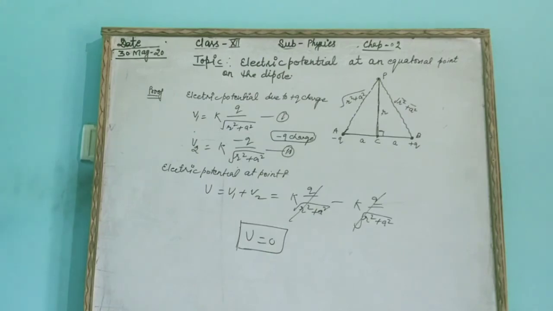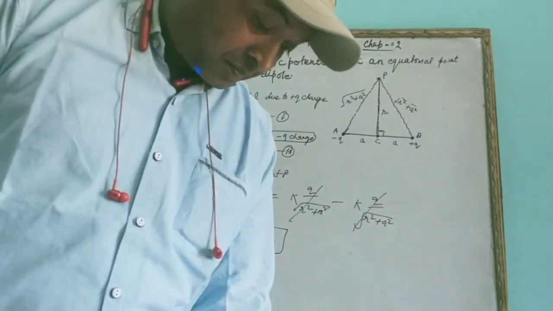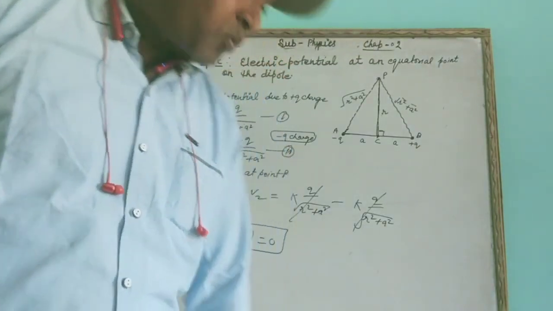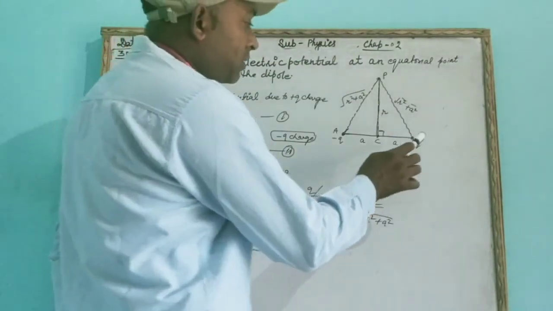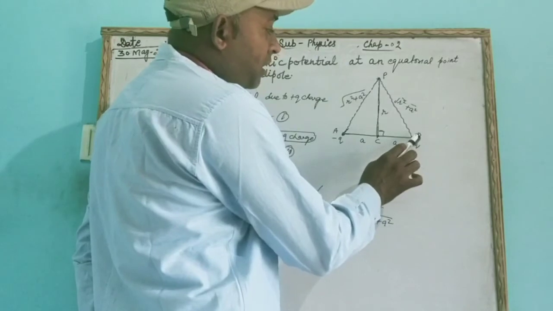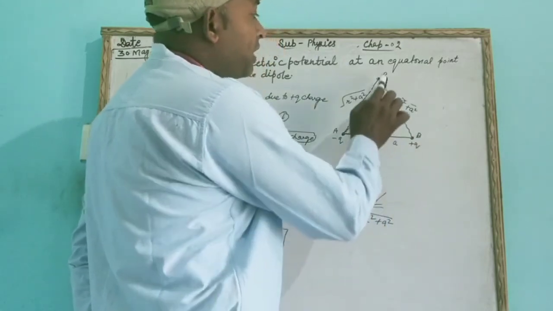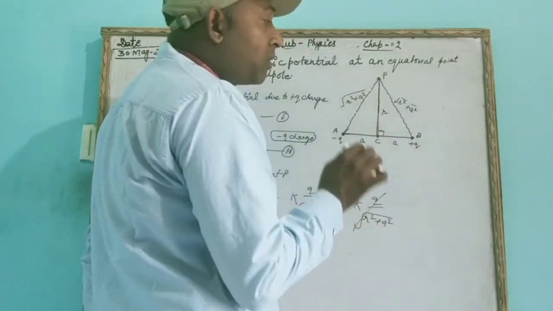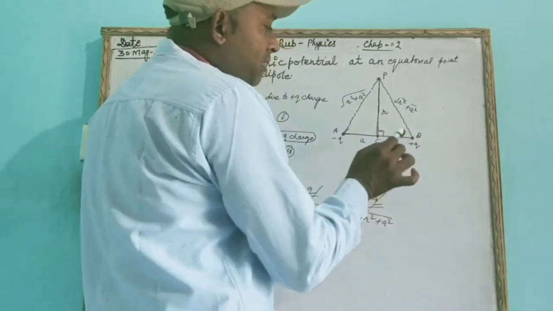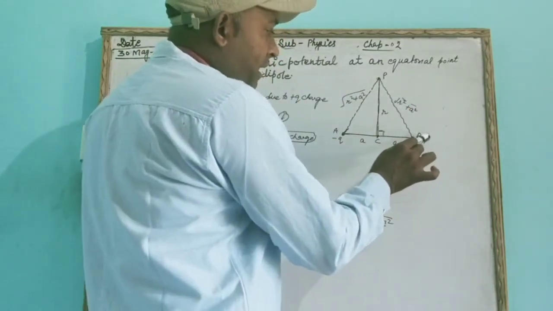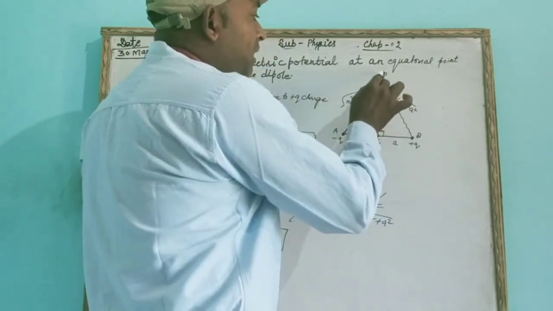But in the next topic, electric potential at a general point. No need for the axial point or the equatorial point, only the general point. So we can take a point between the axial point and the equatorial point.